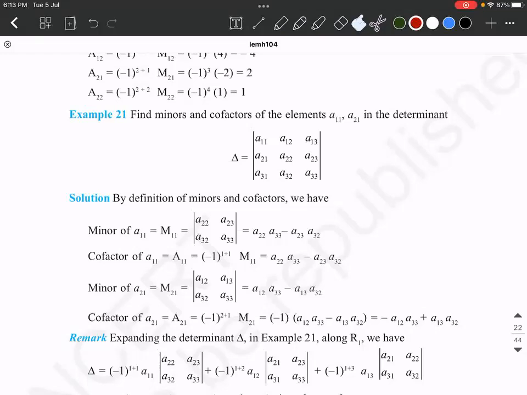Ram, can you come? Inverse trigonometry papers, mostly I will try to give by tomorrow. Okay. I want to see your notes.